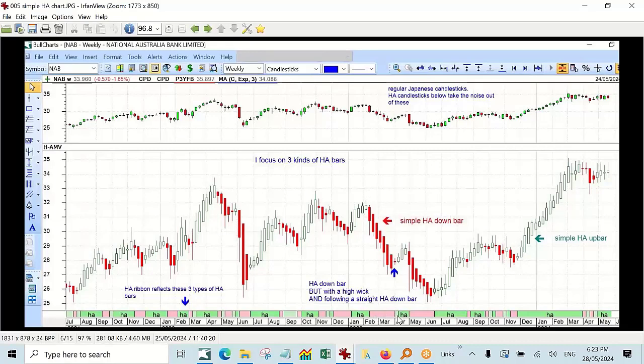It's just the light green here represents one of these high wick candlesticks. The full light green represents up bars, and the pink down bars.